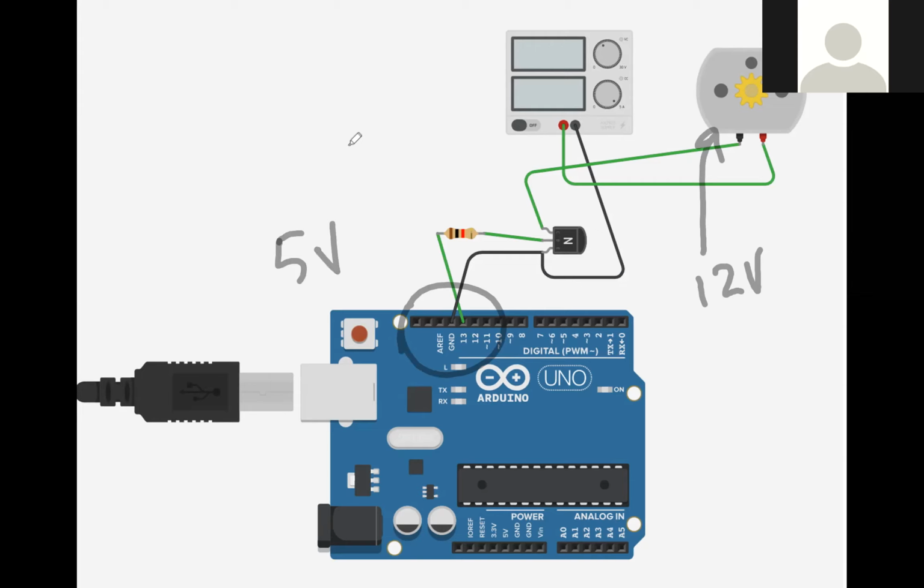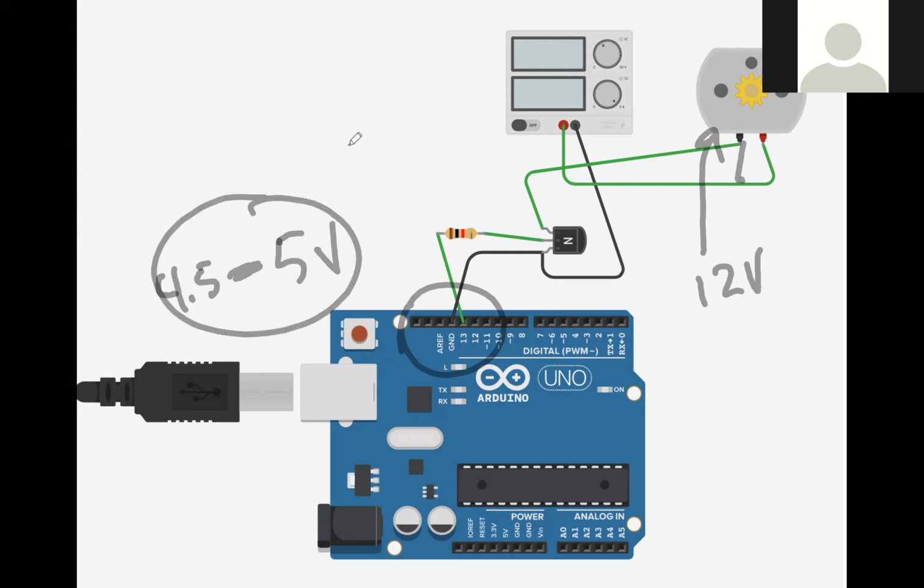To be honest, it's not even that. If you measured the pins on a real Arduino, you'll find it's somewhere between 4.5 and 5. It's usually not 5 volts, but usually at least 4.5. That is clearly not enough voltage to run this motor.